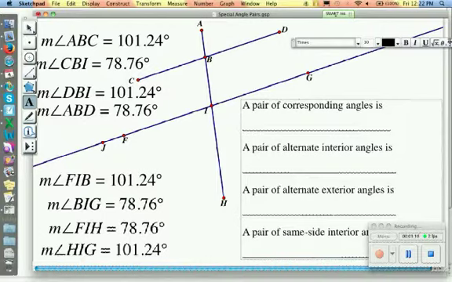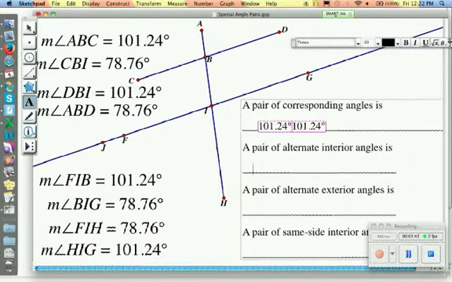Do you want to pass that baton? Okay. Someone else, please. A pair of corresponding angles out of this diagram, being careful to name your angles using 3 letters. Yes, Catherine. DBI and GIH. Yes, those are a pair of corresponding angles.